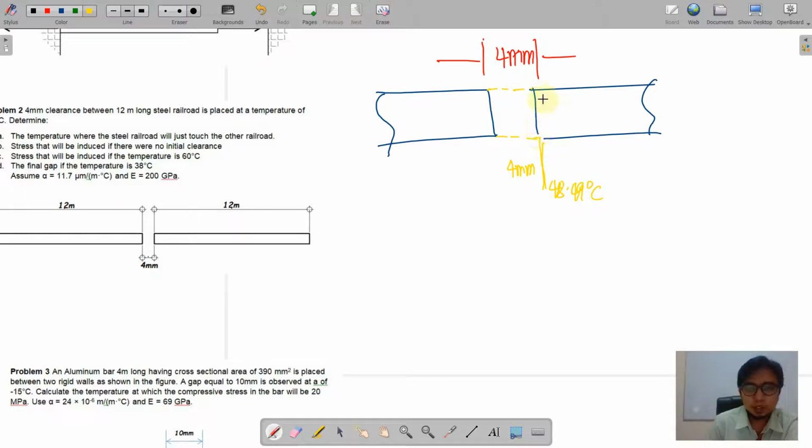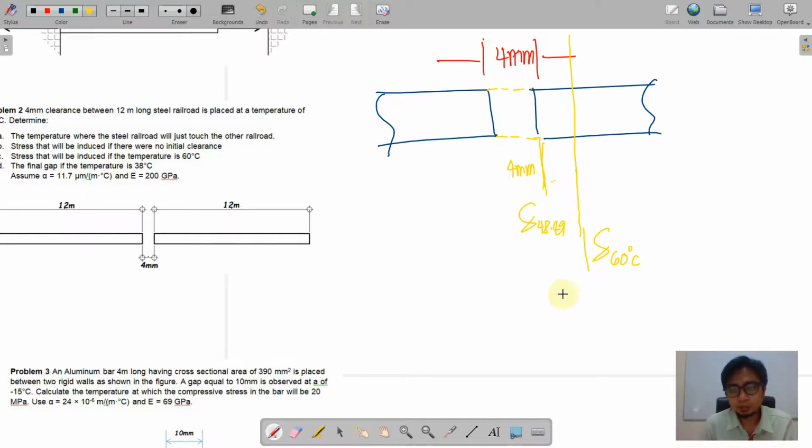So, ngayon, kapag eksakto yan, kapag lumampas ka dyan, again, it will begin to push the other member. So, kapag lumampas ka, say for example, this is a line for delta temperature at 60 degrees Celsius. Ito naman, delta temperature at 48.49.